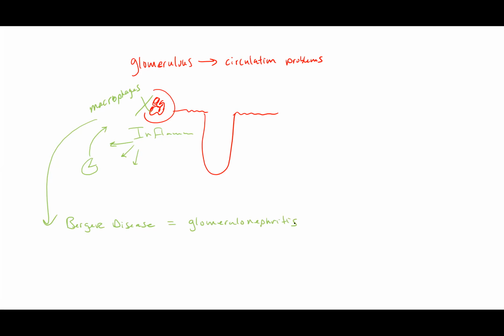So inflammation of the glomerulus and the nephron, right? So that would be the glomerulus, Bowman's capsule, proximal convoluted tubule, loop of Henle, distal convoluted tubule. So all that gets inflamed. And some side effects of this, or additional causes, would be hypertension.